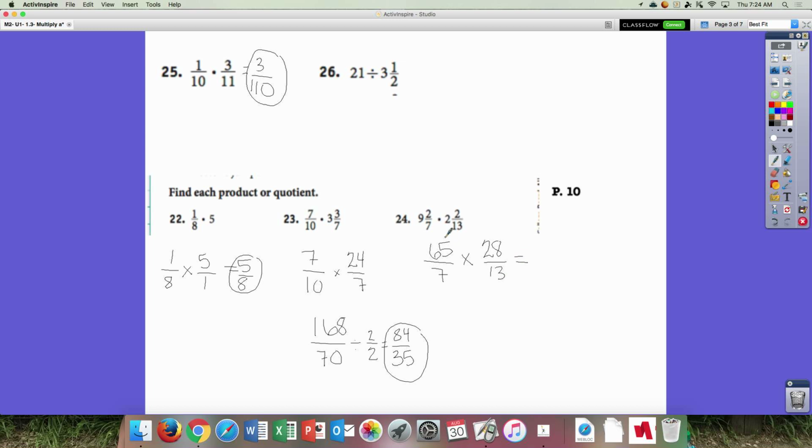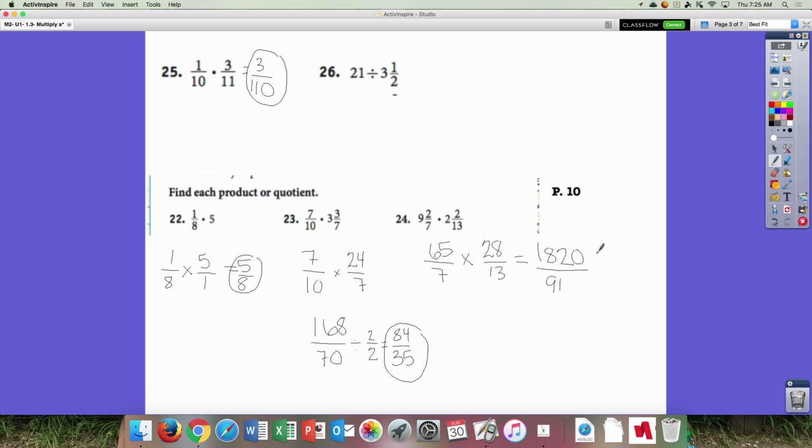Okay, so again, 65 times 28, that's going to be a huge number, which is perfectly fine. What is 65 and 28 multiplied together? 1,820. All over what's 13 times 7? 91. Can any number go into both 1,820 and 91?